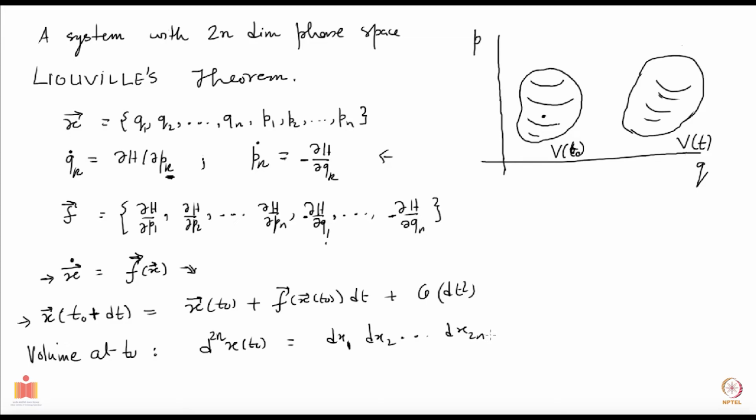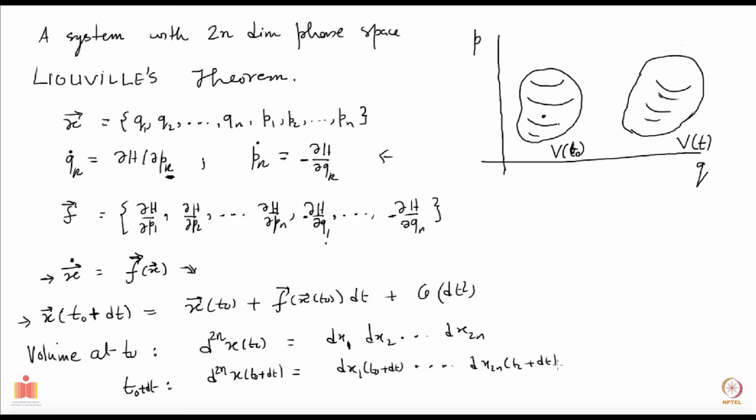That's what the volume is at time t0. And then at time t0 plus dt, you will have d^2n x of t0 plus dt, which is again the same thing. That was easy. Now how are the two volumes related?